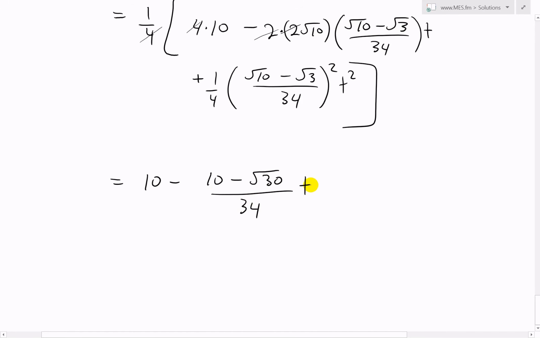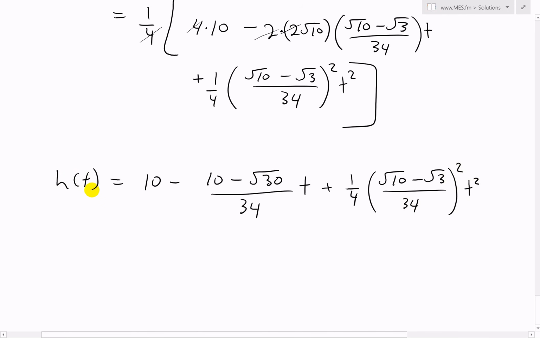This last one is plus 1 over 4 times square root 10 times square root 3, over 34 squared, t squared like that, and this is our h of t.